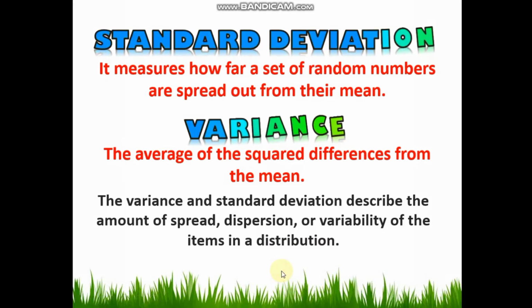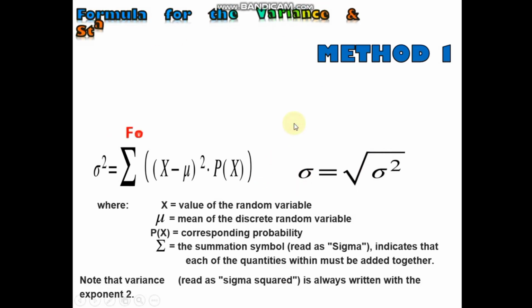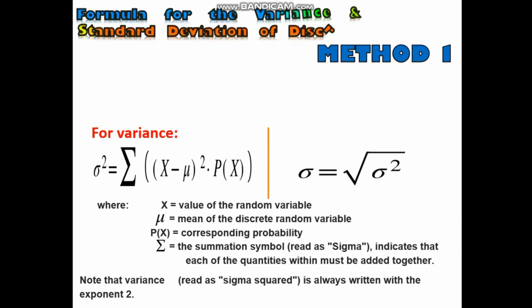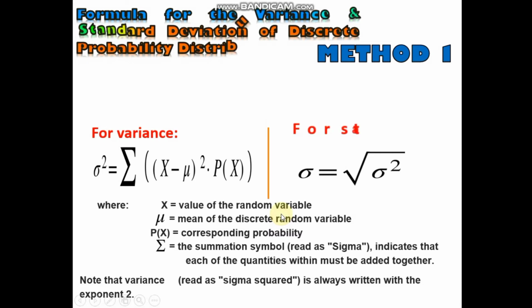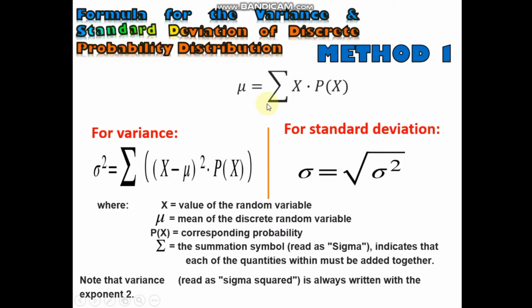For the formula, I will give you two methods. Let me discuss first the first method on how we compute the variance and standard deviation of a discrete probability distribution. Again, for the mean, walang nagbago, same pa rin kanina as we've discussed earlier.